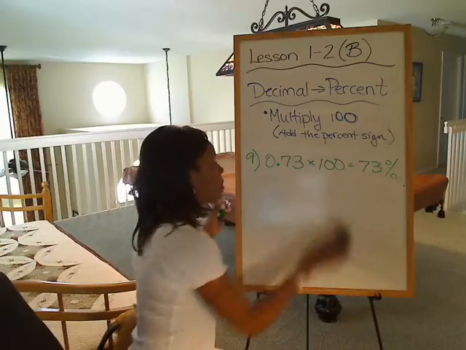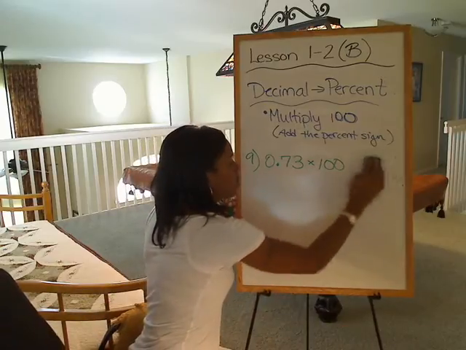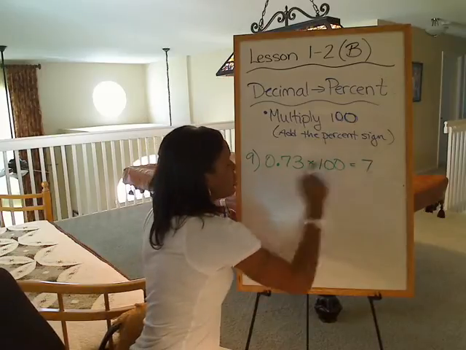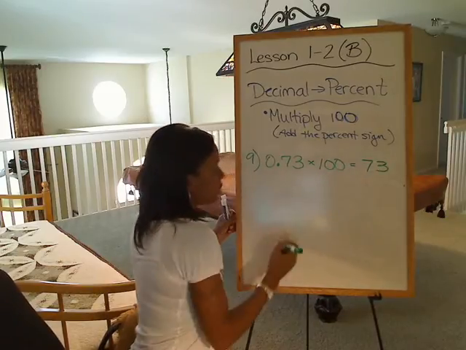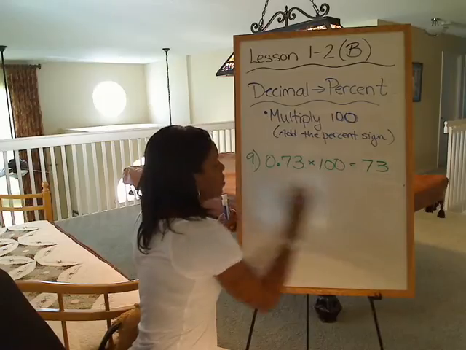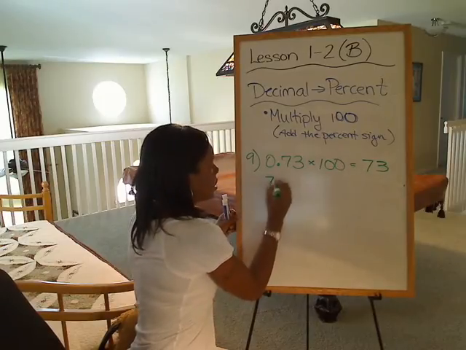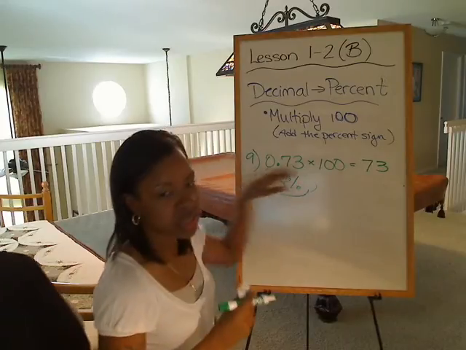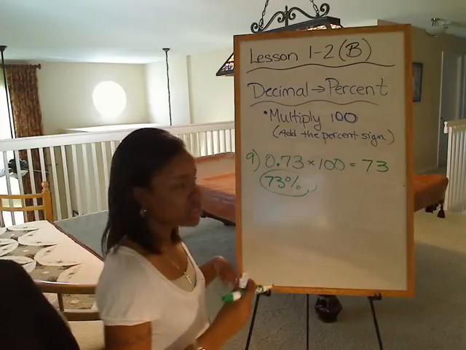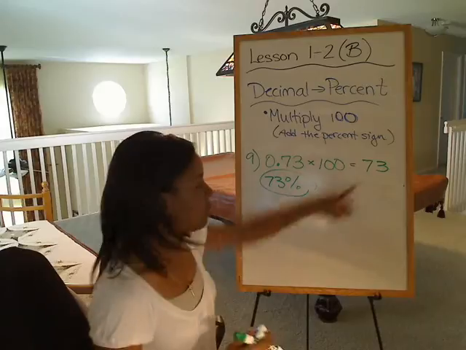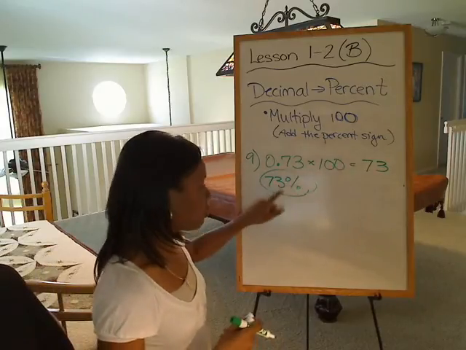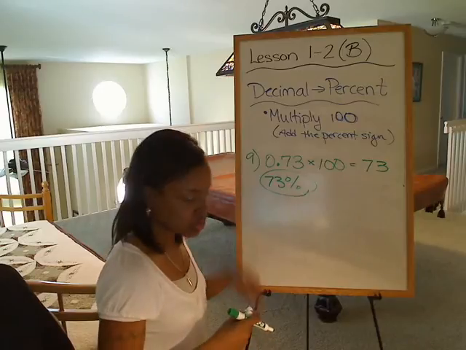A more proper, correct way of writing it: 0.73 times 100 equals 73. And then we want to add the percent sign as our final answer. It gets a little tricky when you write it all together. It's not actually mathematically correct if I put the percent sign here. So if you just work it out and then write your answer separately, you're good.